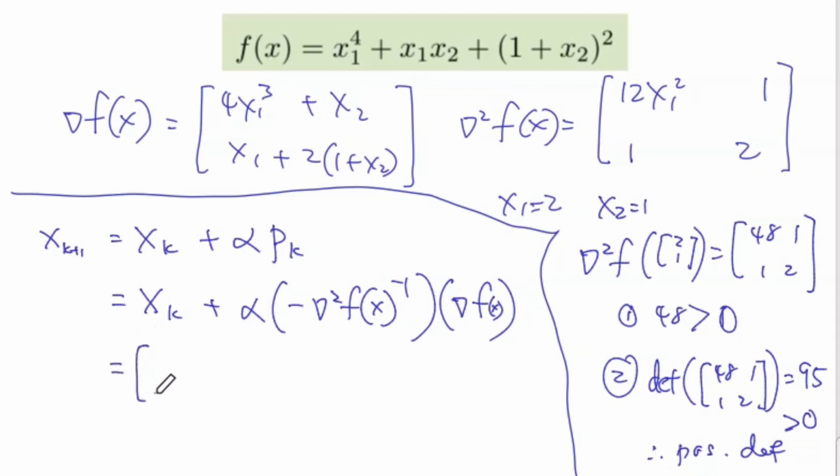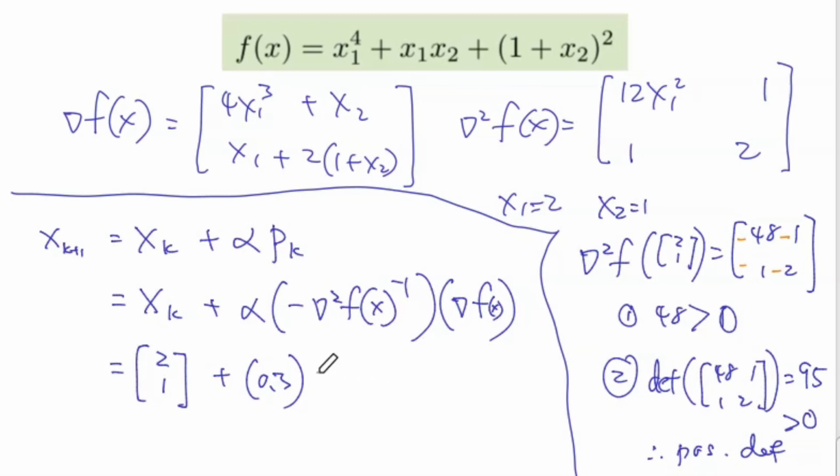This is the 2, 1. Alpha is 0.3. And then the negative of the Hessian. To find the negative is very easy, just add the negative here. But to find the inverse, you need to do a calculation. You need to find the determinant first, and then you find the inverse of it.